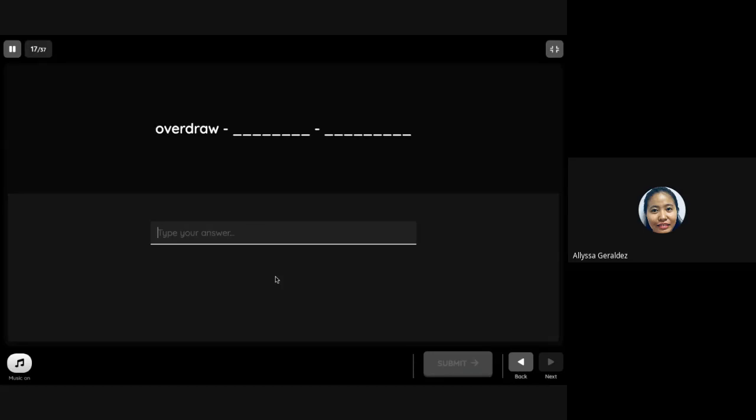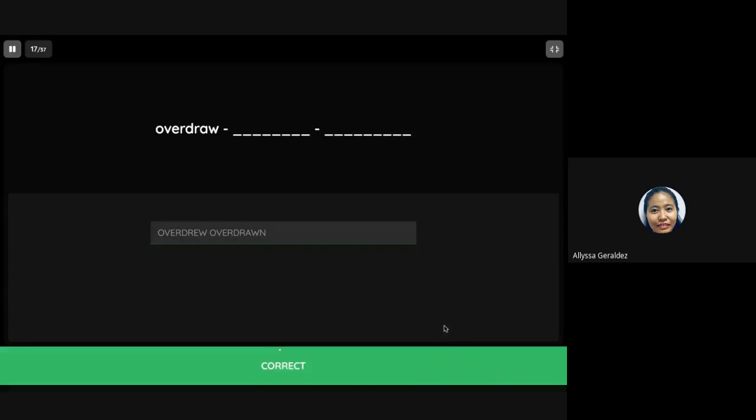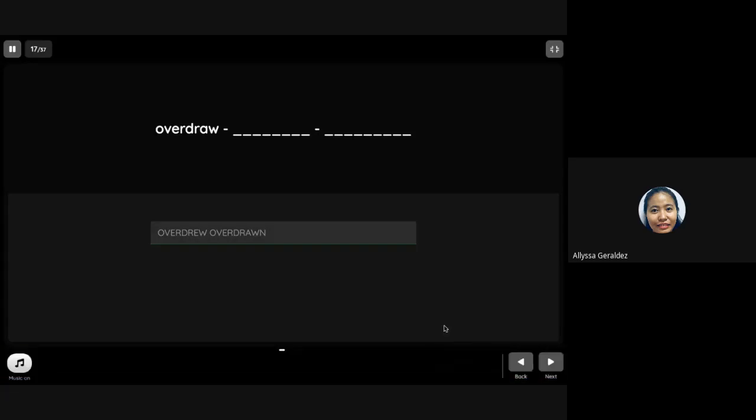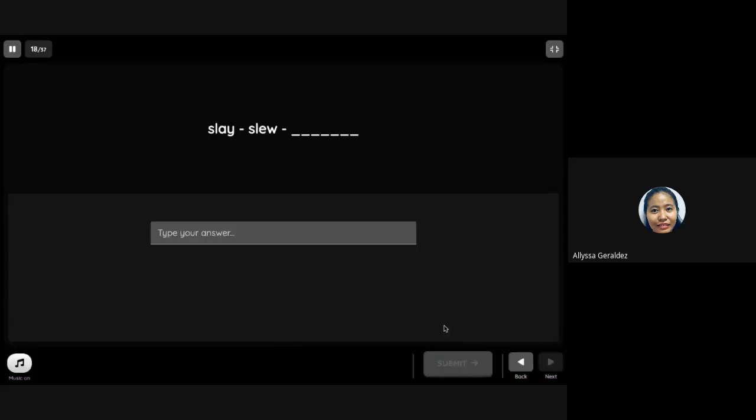Overdraw, so past form, and then the past participle. Okay, brilliant. Oh, it's very common to ML players.